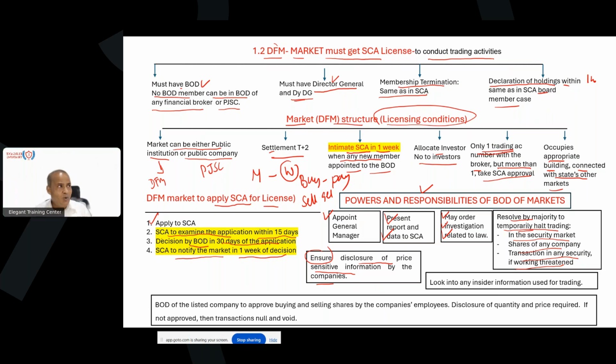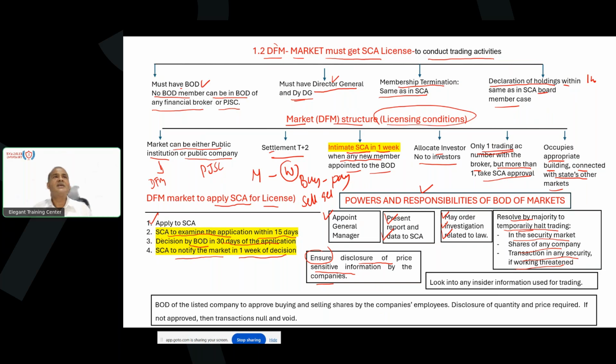So any news without being public, if you are using it, you are called an insider. And the transactions are called insider transactions, insider trading. It's a crime. And if they pass the information to outside the public, it's called insider information.